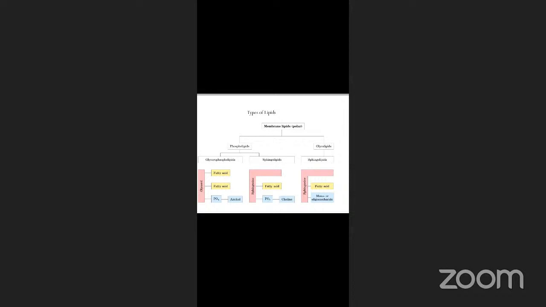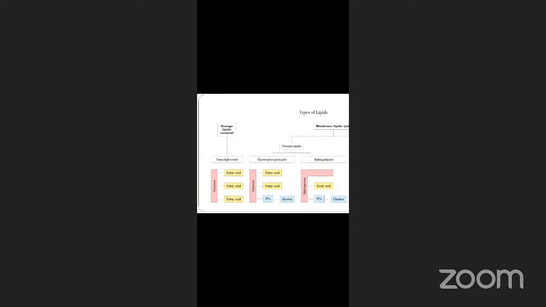So that is the name. Glycerophospholipids means to the glycerol, as we have already seen in the triacylglycerol structure, the same thing here, but instead of 3 fatty acid chains, here we have 2 fatty acid chains. And the third one is replaced by a phosphate moiety and an alcohol. Okay, therefore they are called glycerophospholipids.